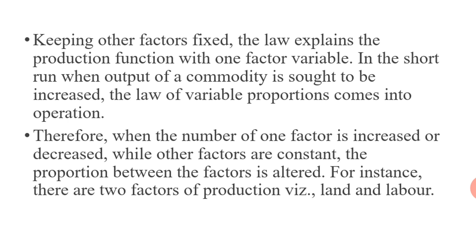While keeping the other factors fixed, we take only one variable factor, that is labor, and see how it is going to be affected. So today we will go through the chart.